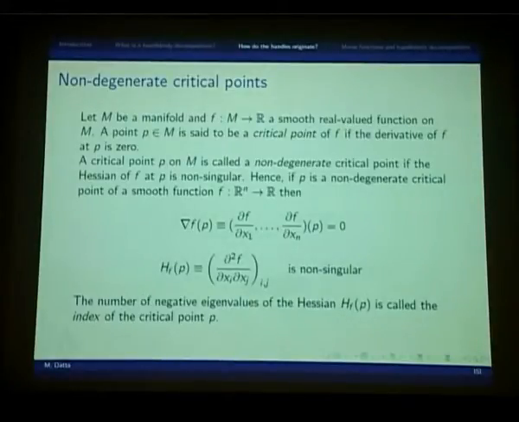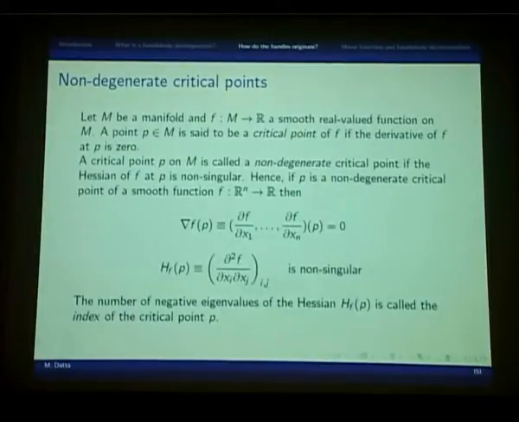But even if you do not quite know this, let us go to the situation where your manifold M itself is Rn. So you have a smooth map f from Rn to R, and P is a critical point of f means the gradient vector grad f, that is, del f del x1 through del f del xn at P, is equal to 0. Okay.